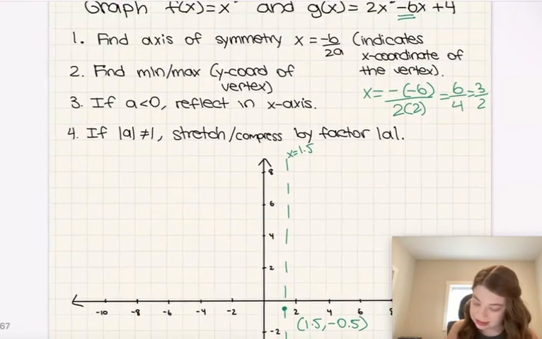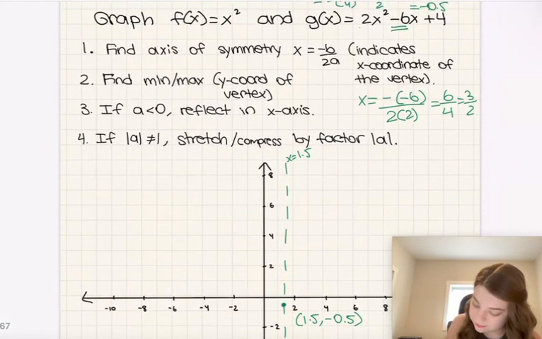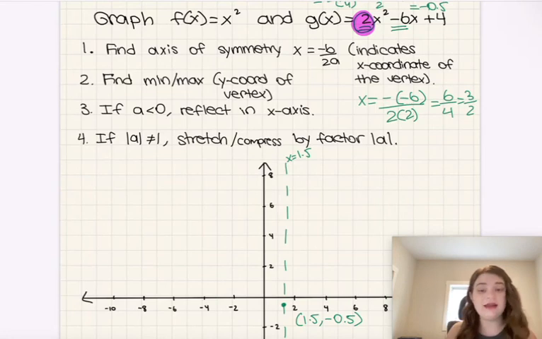Okay, next thing we're going to do is look at the a value, which is our leading coefficient here, which is that value right there in pink. That's our a value. And if it is less than 0, so if it's a negative number, we should reflect in the x-axis. We should do a reflection across the x-axis, right? Or in this case, since we've already found the vertex, our pseudo x-axis.